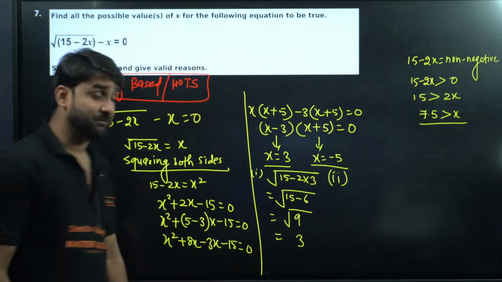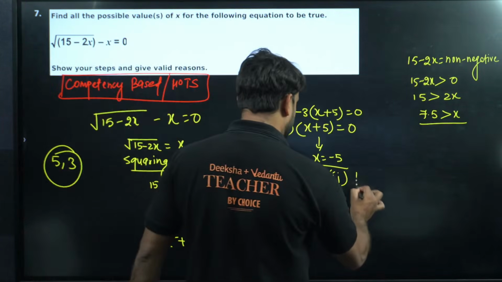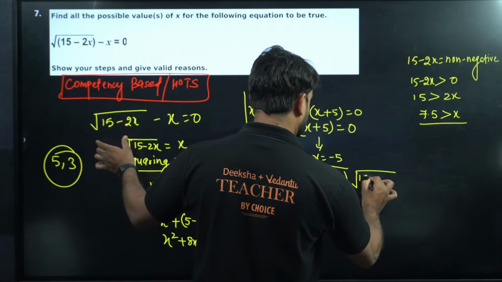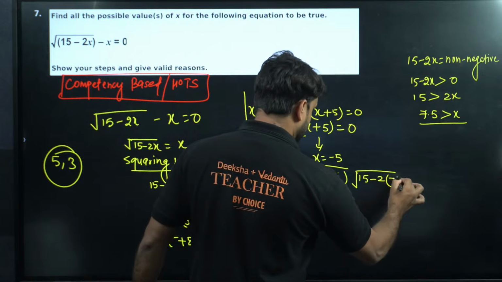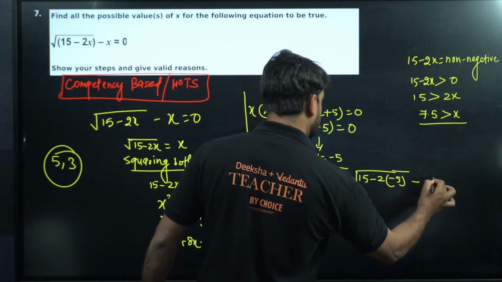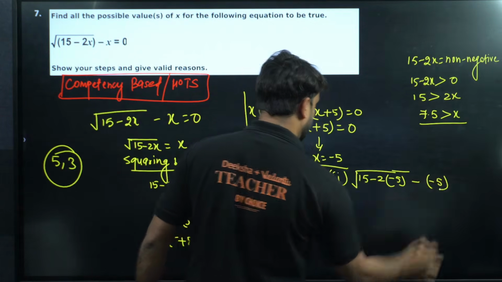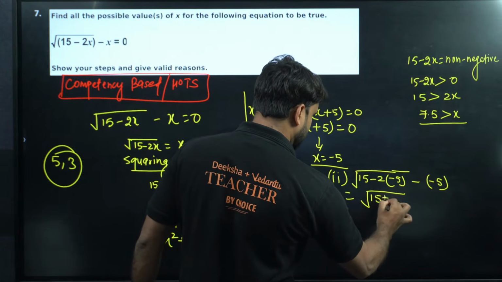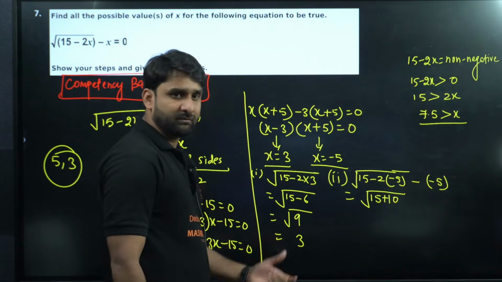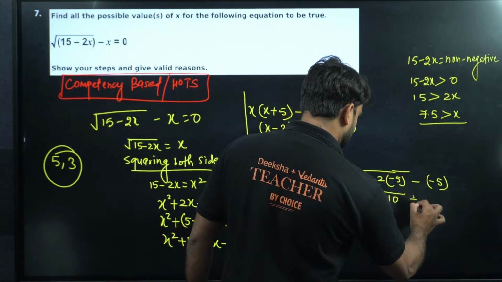x is minus 5. If we put here, under root 15 minus 2 into minus 5. This is minus 5, right? So this will be 15, and minus 2 into minus 5 will be positive 10, and then minus of minus 5 gives plus 5.